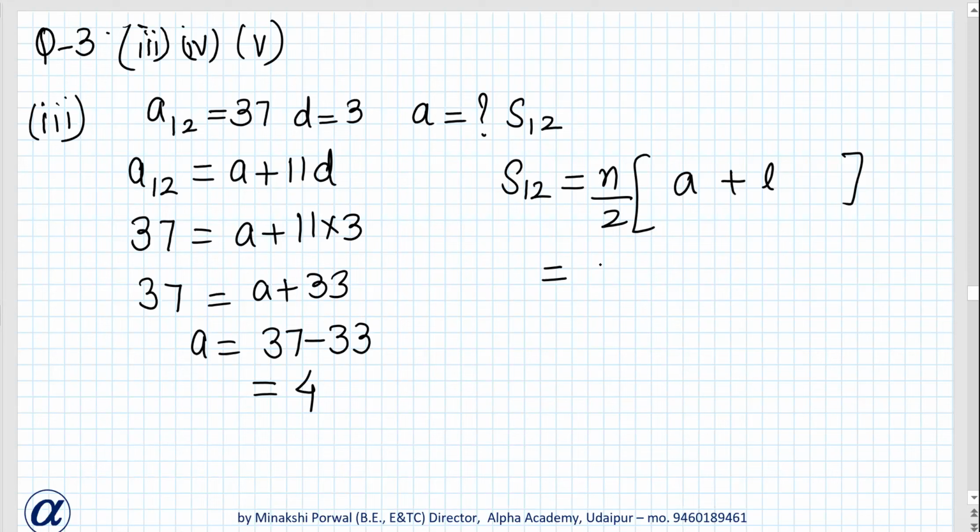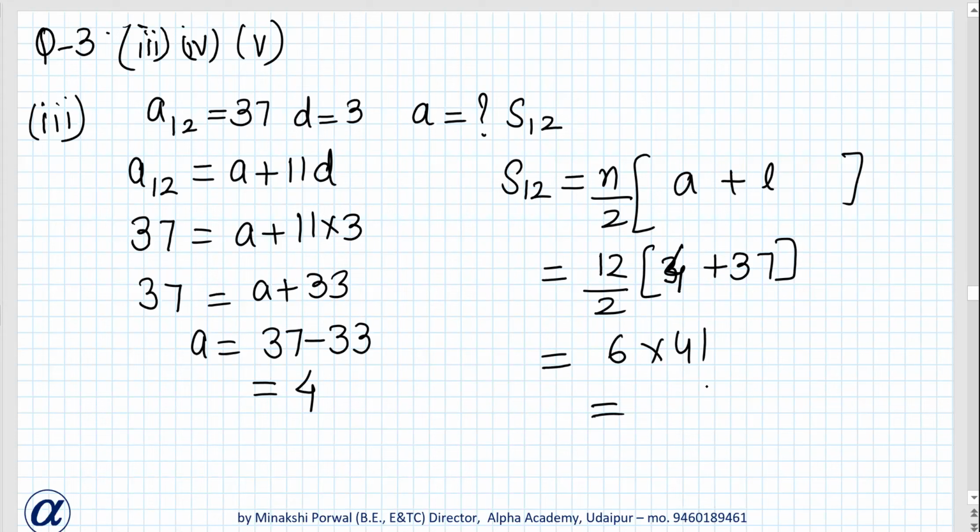So n is 12 by 2, A is 4, and L is 37. So it is equal to 6 into 41. So this is S12. Okay, these are the answers.